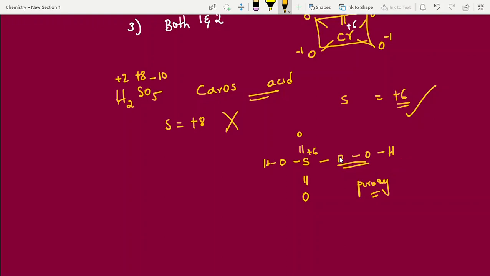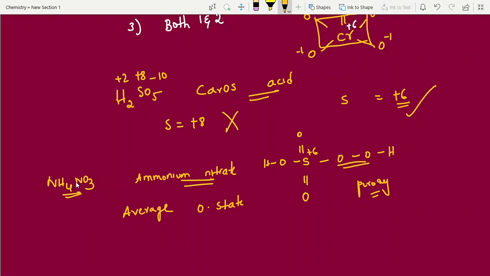Okay, now going to the next one. NH4NO3, which we call ammonium nitrate. Here they are asking for the average oxidation state. There are two nitrogens, so go for the same method.